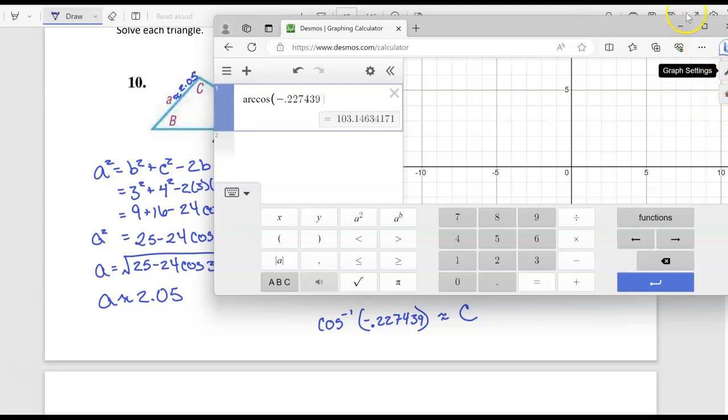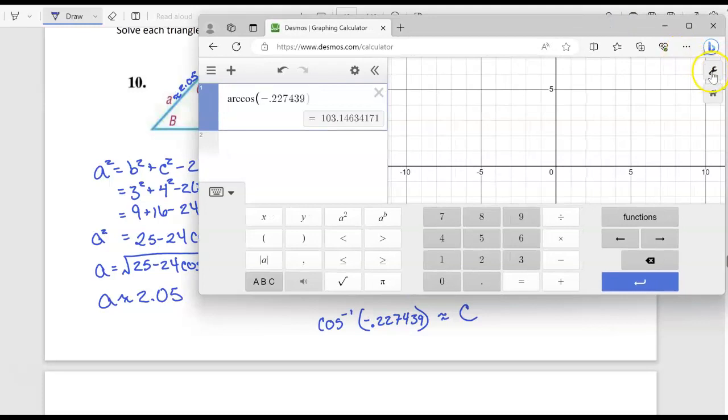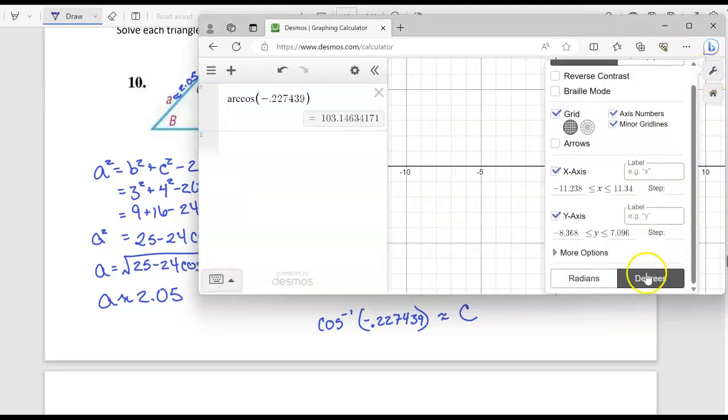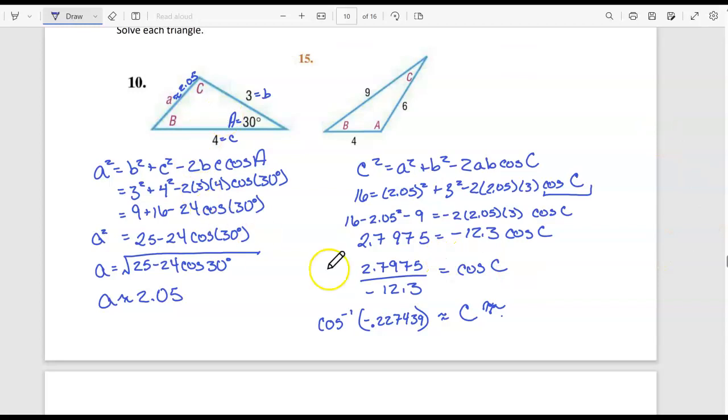We need to make sure that we are in degrees, so we need to go here and look at degrees. And our angle will be 103.15.